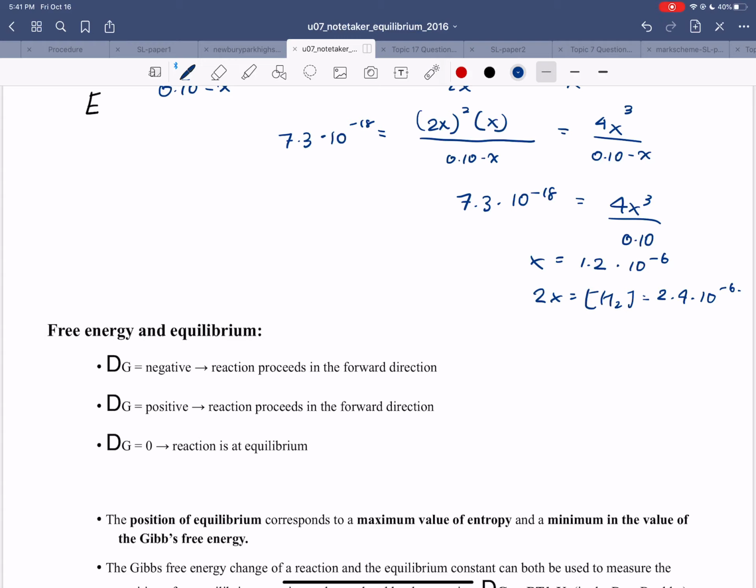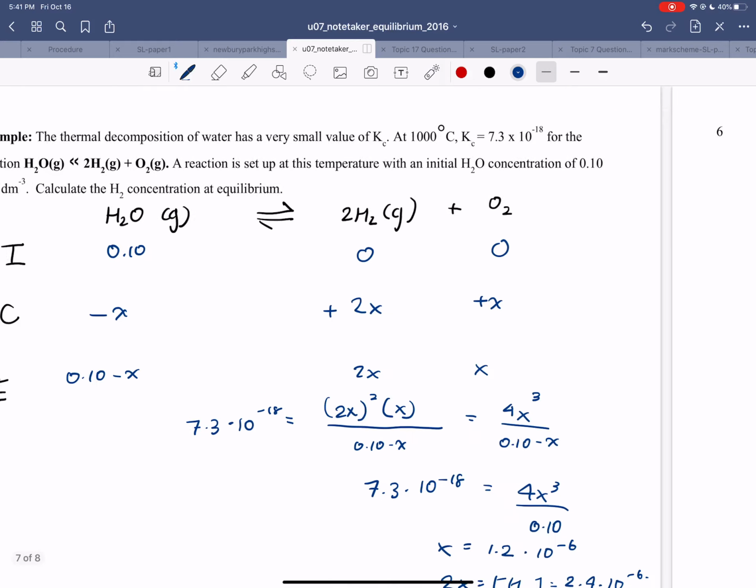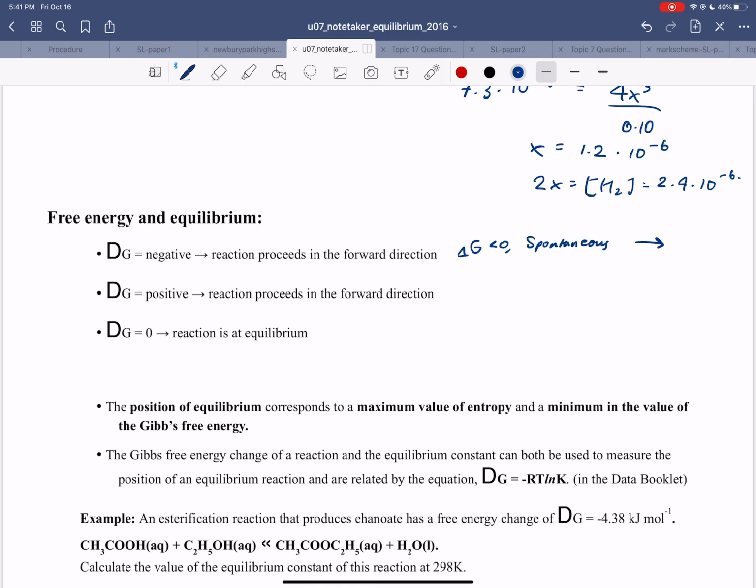So when delta G is negative, a reaction is spontaneous, which means it will readily occur with a little bit of energy, and it occurs in the forward direction. It occurs to favor the product side.